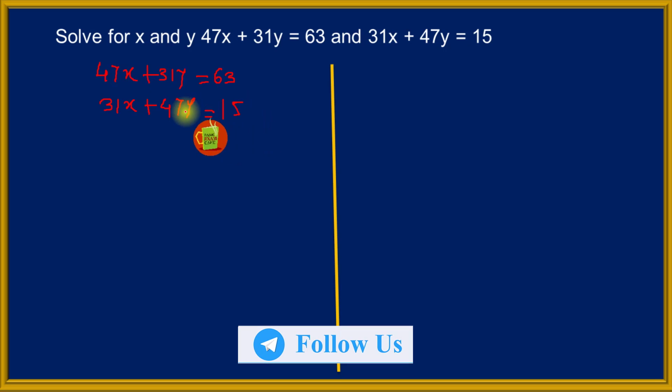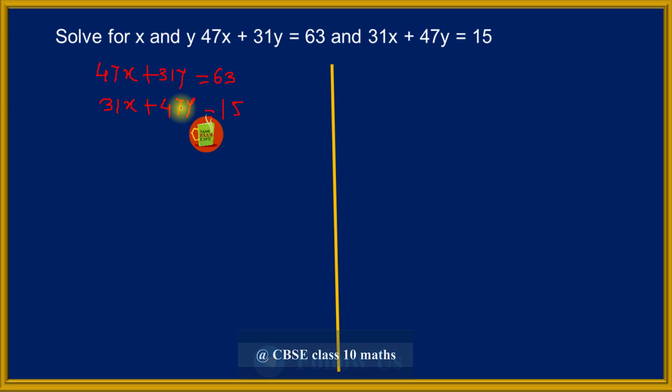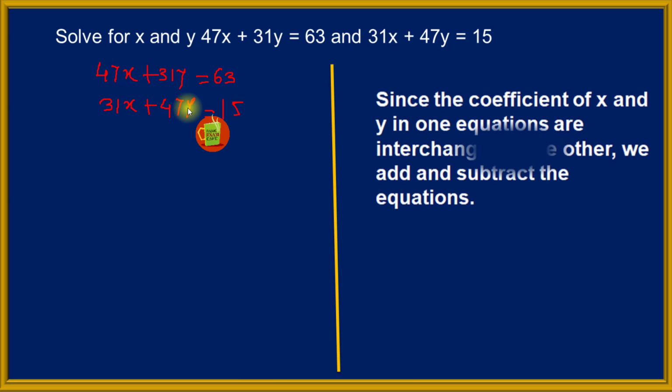Now here we see that the coefficients of x and y are interchanged in both the equations. When such an interchange is there, since the coefficients of x and y in one equation are interchanged in the other, then we add and subtract the equations.